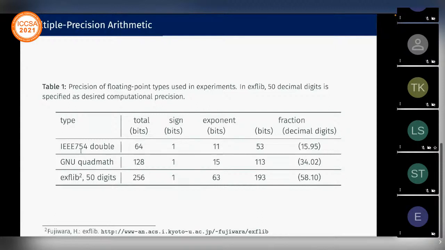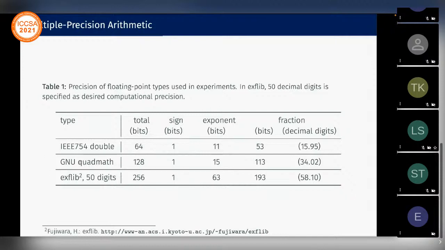In the usual double precision, we use 64 bits, and the decimal digits are about 16 digits.